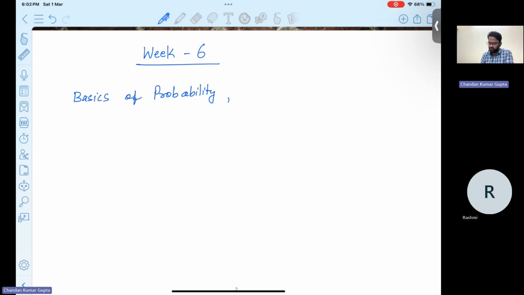Then we discussed random variables, in which we covered discrete and continuous random variables, mixed kinds of random variables, and the properties of random variables. In the third week, we discussed moments and moment inequalities.